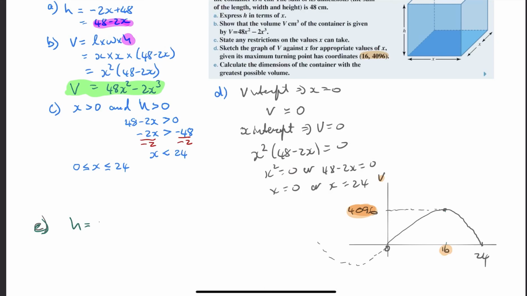My height will be 48 minus 2 times 16. That gives me 48 minus 32, which is 16. So the height will be 16 centimeters. It will be the same as the width. So the dimensions of the container will be 16 by 16 by 16 centimeters.